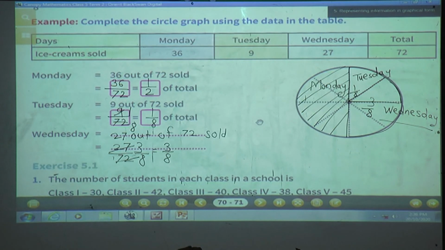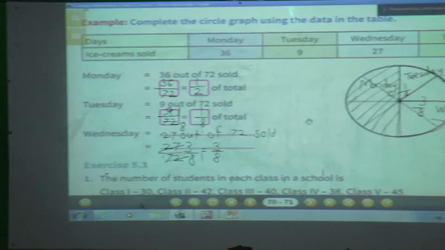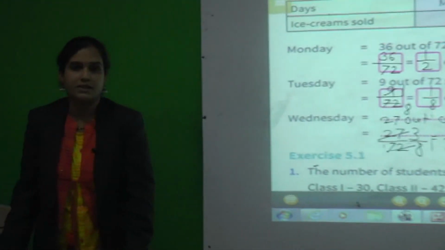Students, here just now we have studied pictograph, bar graph and circle graph also. So in this way we can solve exercise 5.1. So all of you understood pictograph? Yes, pictograph means picture representation, isn't it? I told you the examples also.